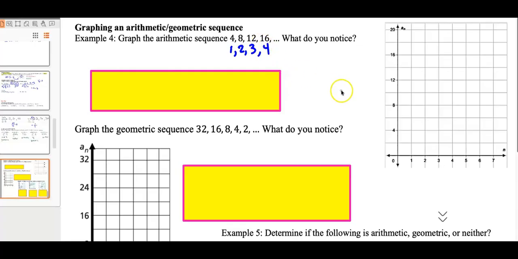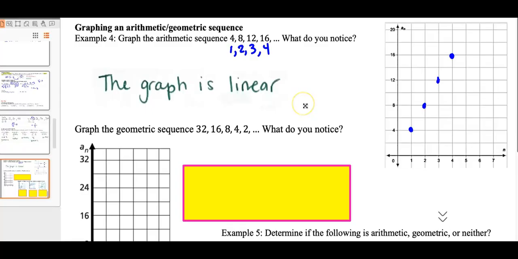So now I have ordered pairs to graph. So I'm going to graph 1 and then 4. So to the right, 1 at 4, 2 is going to be at 8, 3 is at 12, and 4 is at 16. So after plotting these points, what do we notice? Well, I notice that all these dots are pretty linear. Okay? So an arithmetic sequence on a graph is going to look very linear.